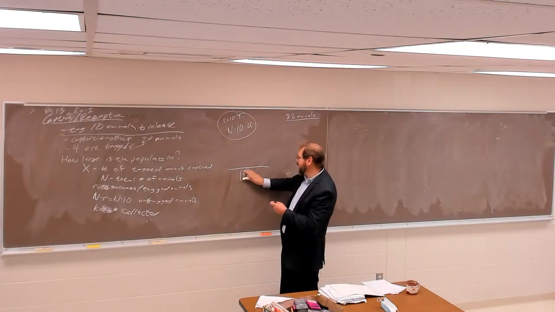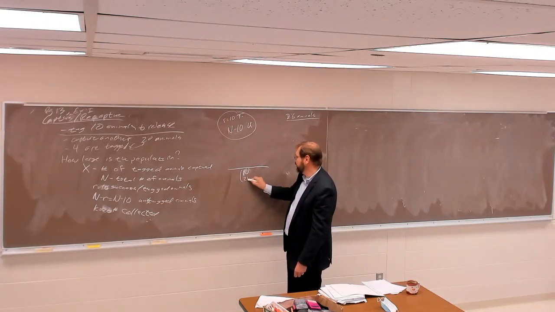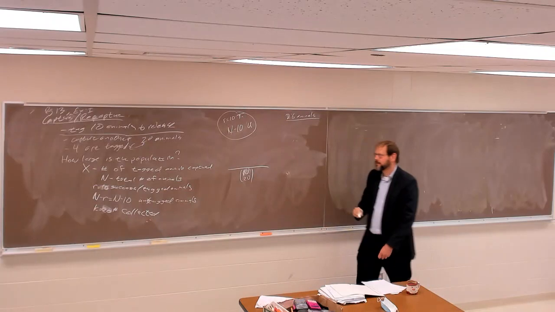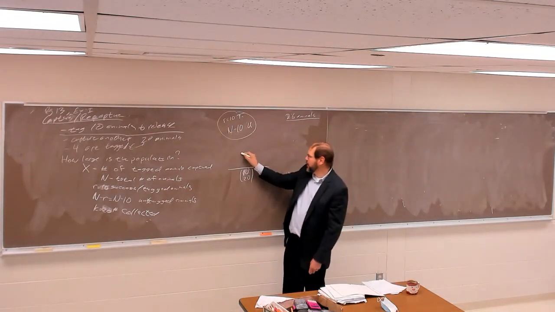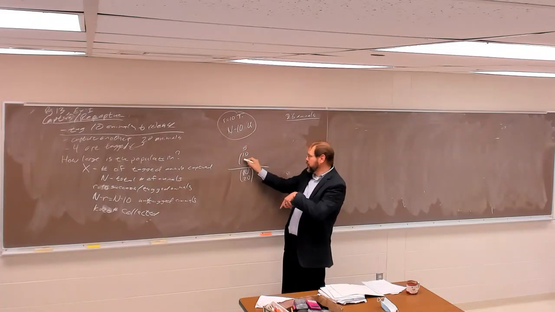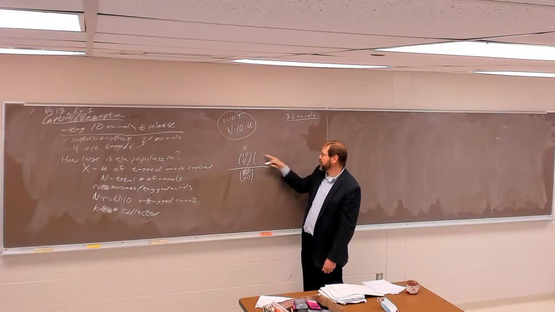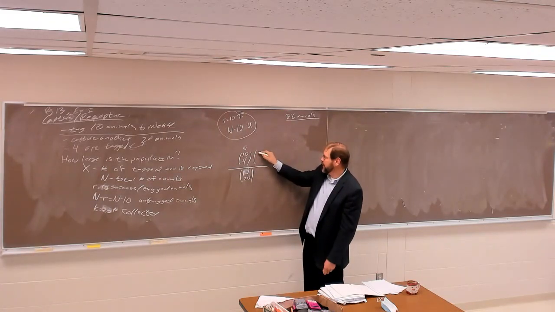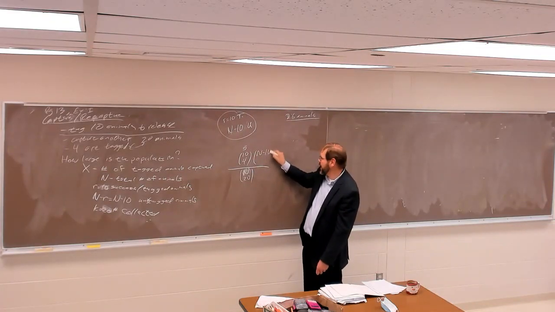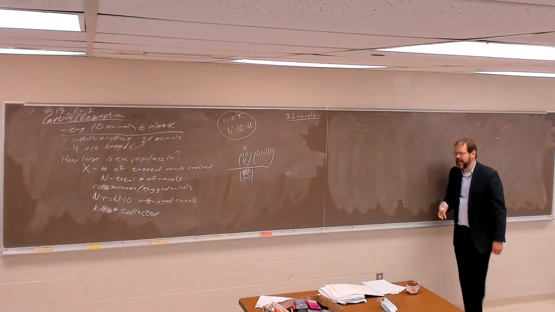There's N animals out there, and I'm going to choose 20 of them. There are 10 from this good group, and I chose 4 of them in this particular case. And there were N minus 10, the total number minus those 10 tagged out there.